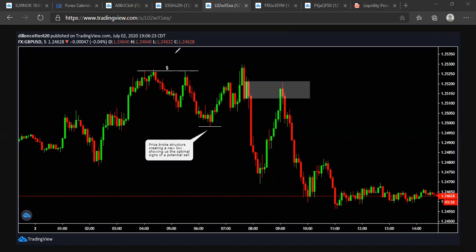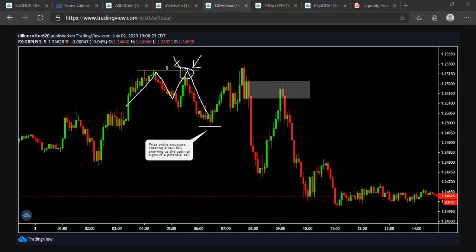So from that last slide that we just saw, we have this double top here. Okay, so you have to think retail is probably selling in this area here. You have to think deeper. You have to think outside of the box when you're taking these positions, right?